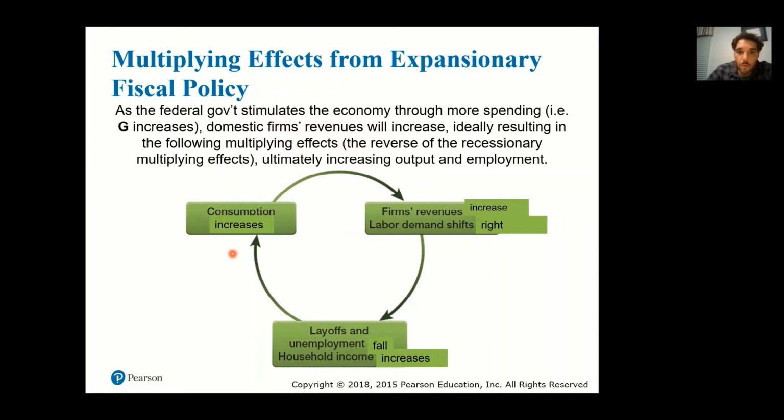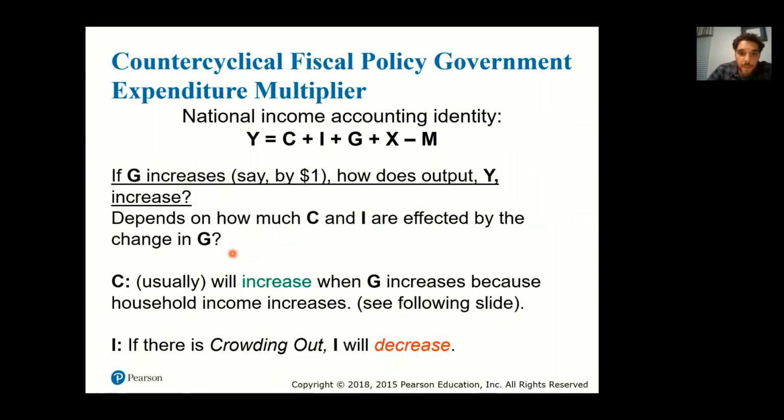So what we have is this multiplying effect from the increase in government expenditure. Why? Because the multiplying effect being that consumption increases. However, there's also this negative effect on investment because of crowding out.